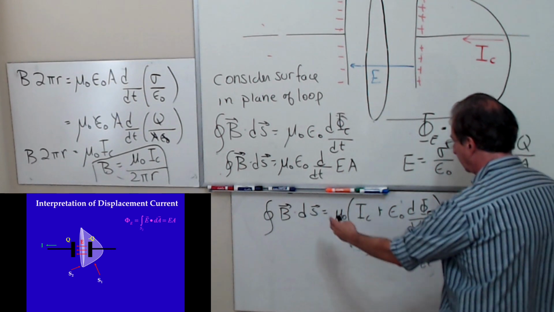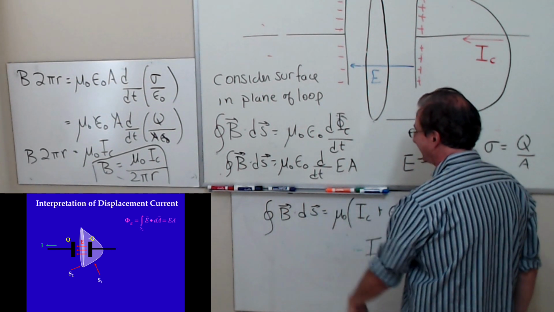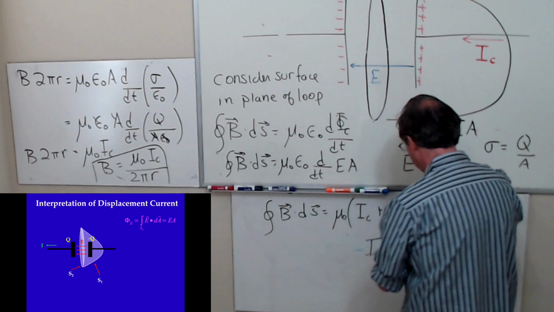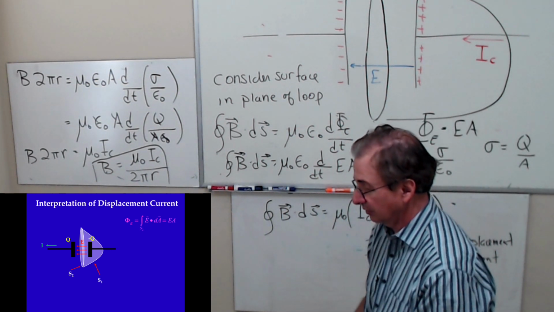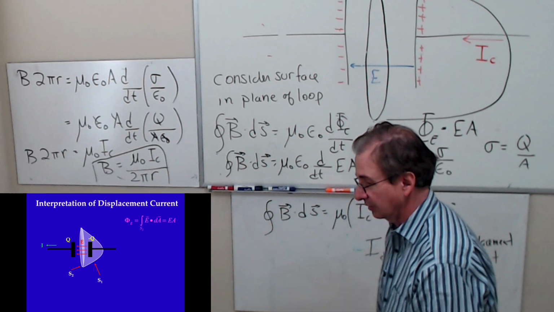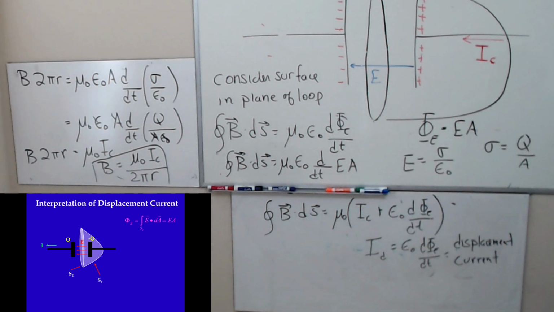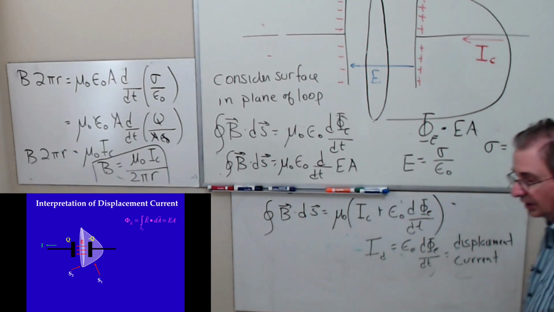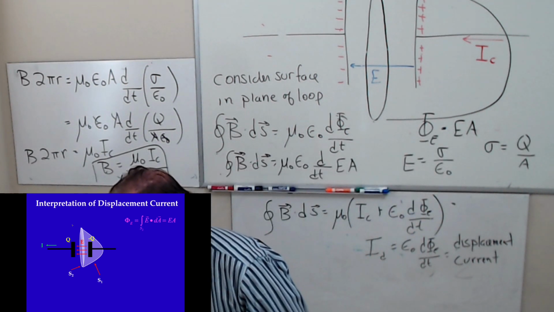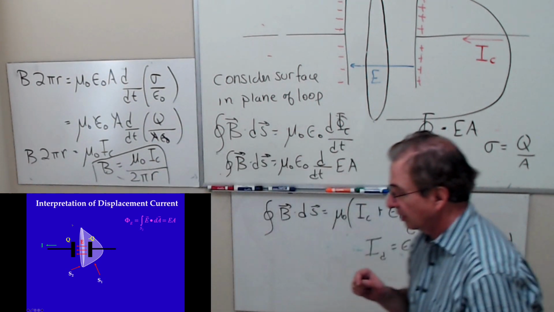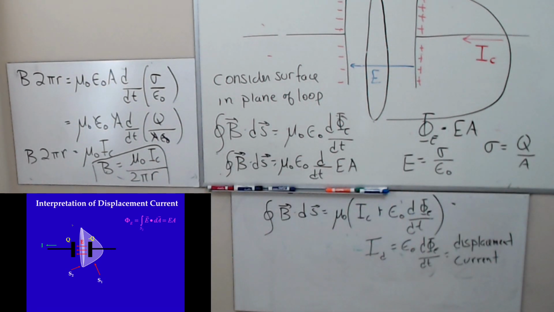And then you just get your old version of Ampere's law, the integral of B dot dS is just mu naught times I, and you get the same magnetic field. So you see how this works? This makes Ampere's law consistent whether the current is constant or not.